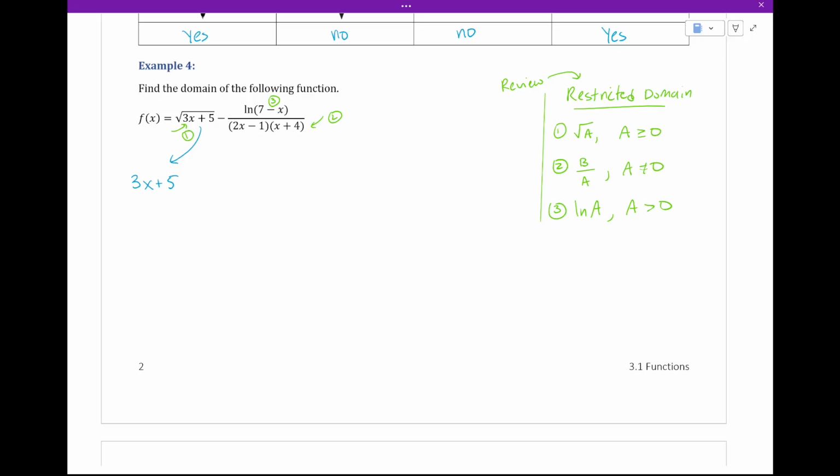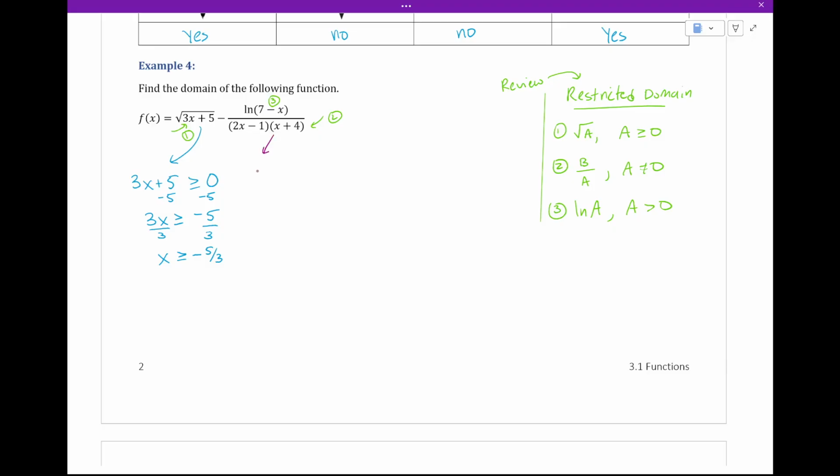3x plus 5 underneath the square root has to be greater than or equal to 0. I can do some quick algebra here to solve this for x divided by 3. So x has to be greater than or equal to negative 5/3. I'm going to put a pin in that and do my next one.